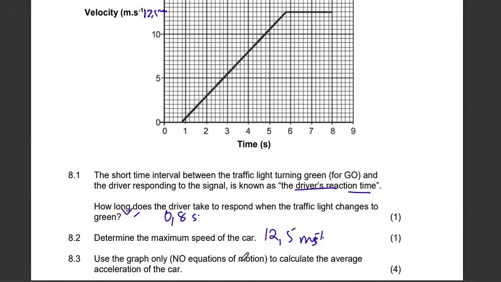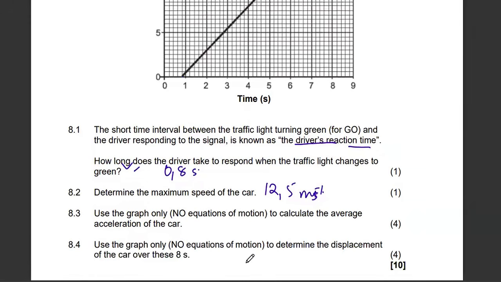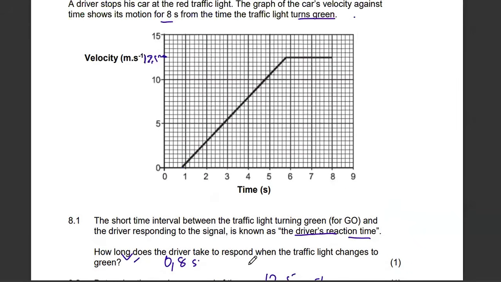And then use the graph only. No equations, calculate the average acceleration. So when you're looking for the average acceleration, you're technically looking for the gradient. Okay, so if I look at this as 12.5, what's the reading here? It's going to be 5.8.